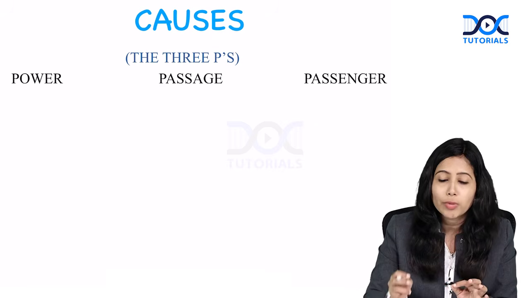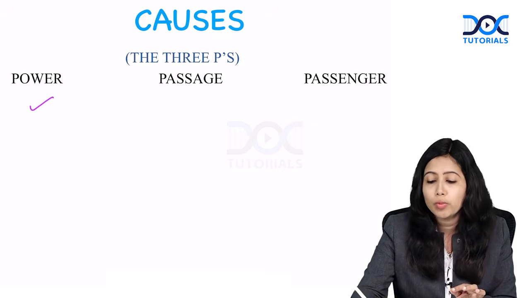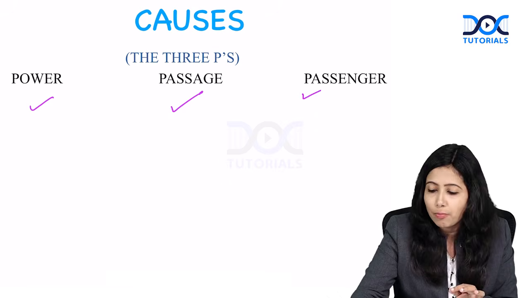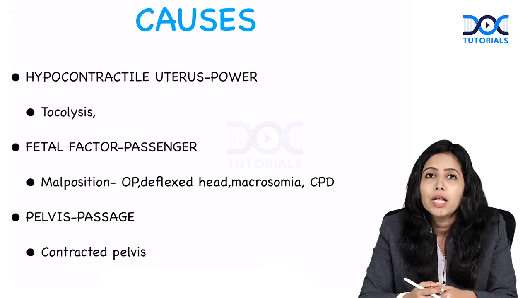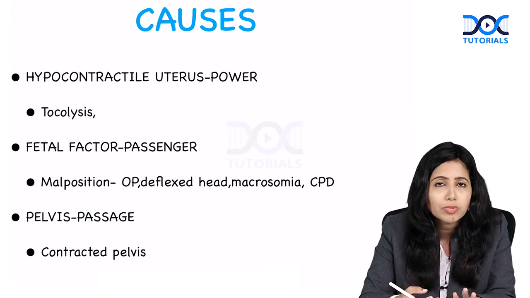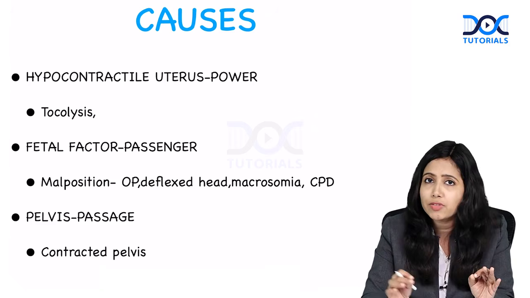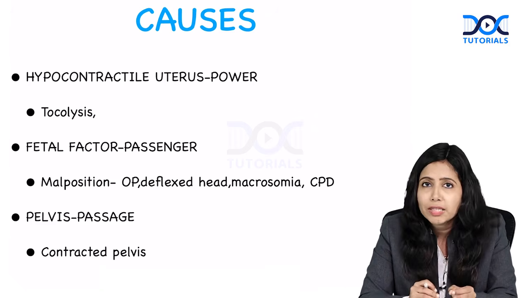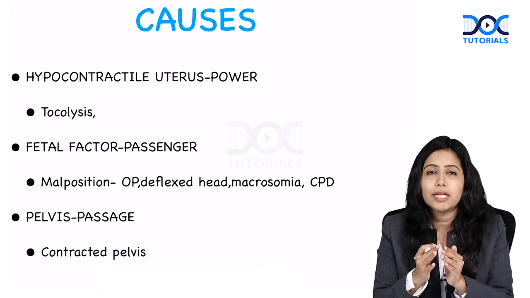The problem could be at the level of power, passage or passenger. Now, coming to the causes. Power means basically the uterus is not contracting adequately.